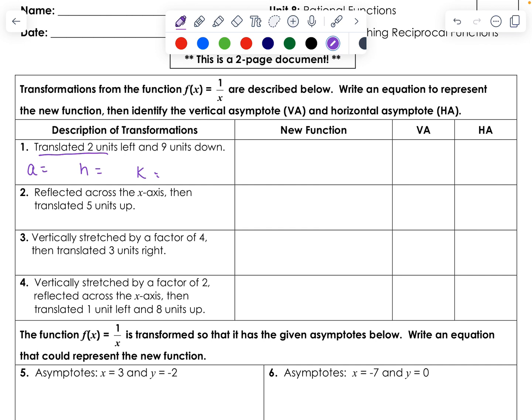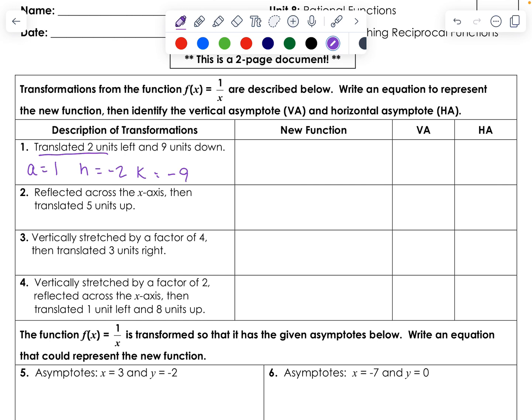So what we're gonna do is we're gonna do a, h, and k. I don't see anything about a reflection, a stretch, or a compression, so that means a is 1. And h, remember, is left and right, so it goes left 2, and k is down 9.